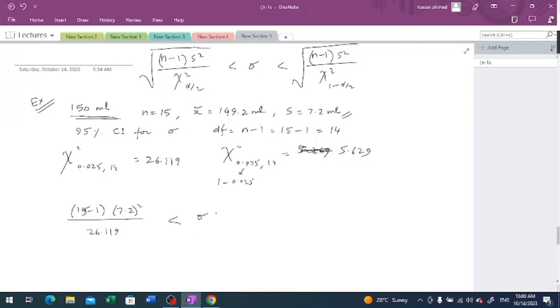Now it's up to you whether you work out the variance first and finally transform it to standard deviation after taking the square root.